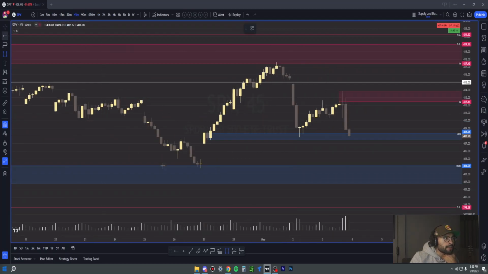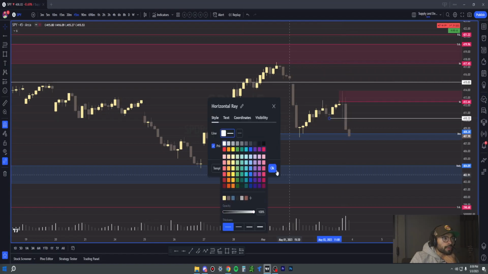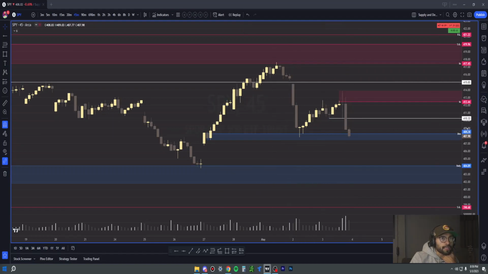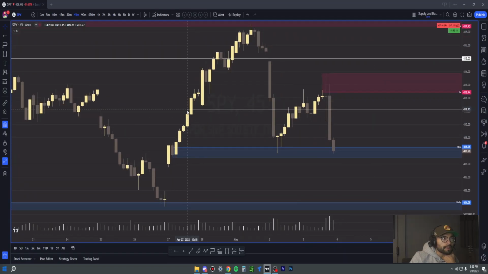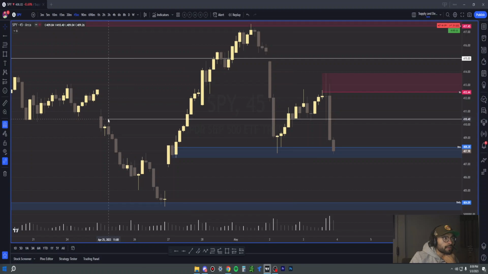As far as levels you might be watching, I like this wick right here. The fact that you have two strong wicks coming into the area right there, what is that, 410.30?